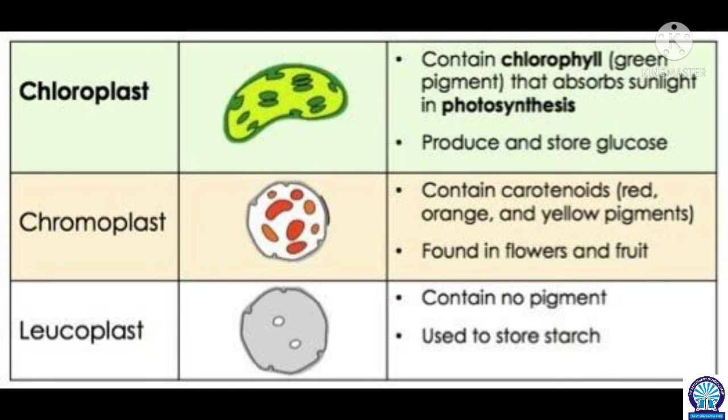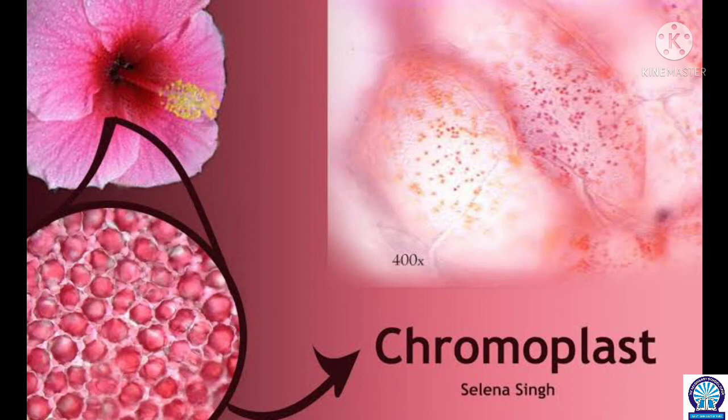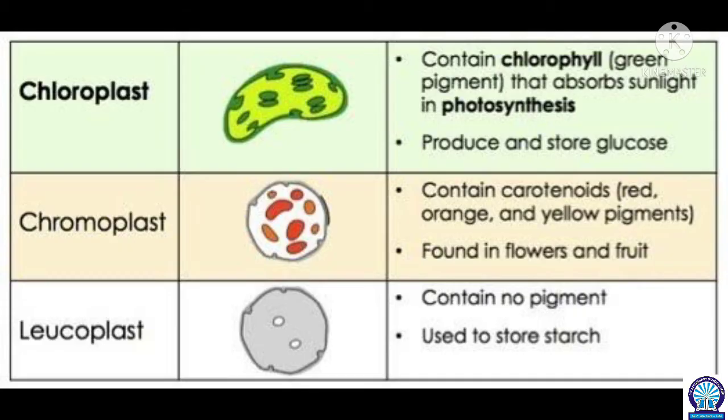Then the second one is chromoplast. Chromoplast imparts color to flowers and fruits. Xanthophyll is yellow, carotene is yellowish orange, anthocyanin is red, purple, etc. These are certain pigments.